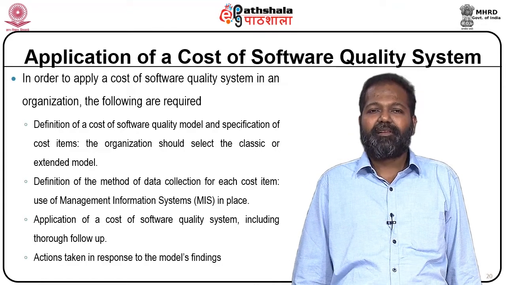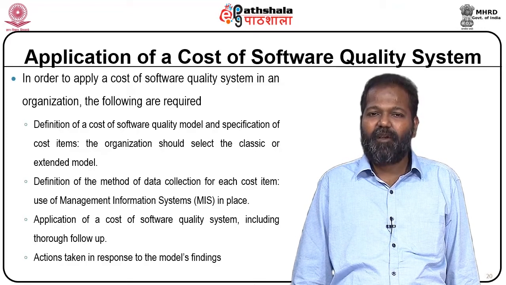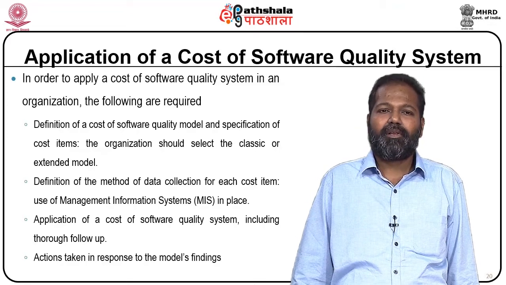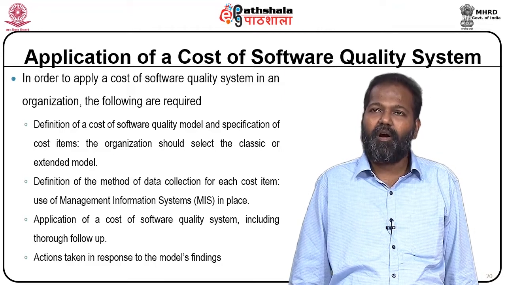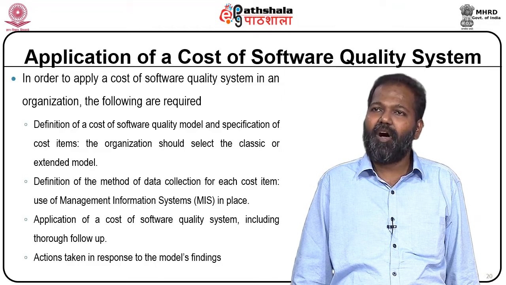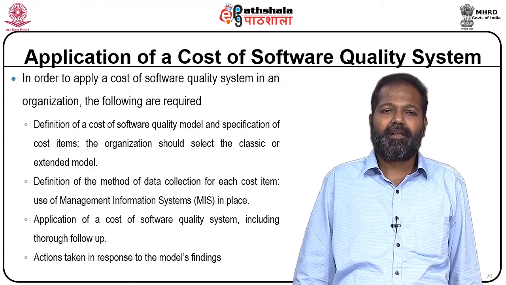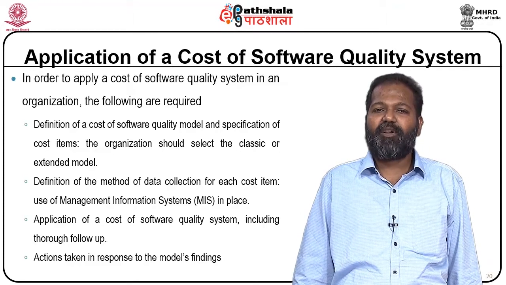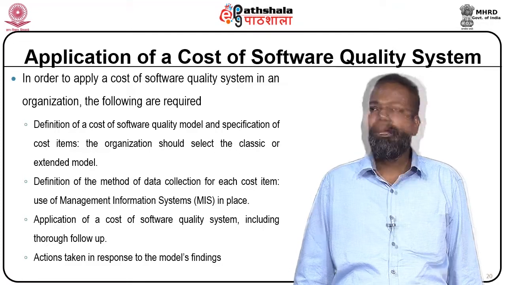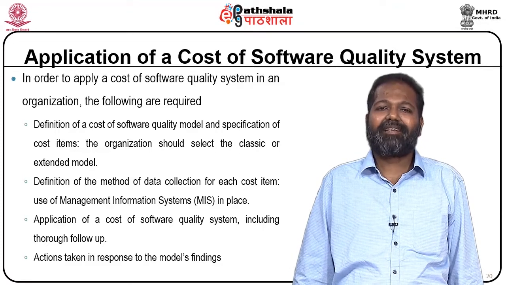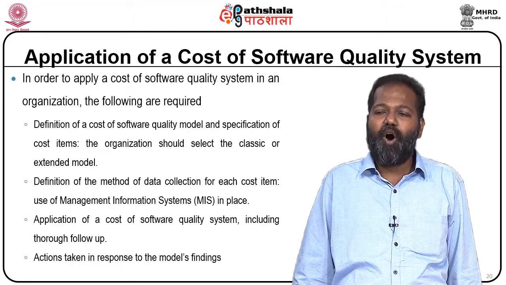Definition of the method of data collection for each cost item. Use of a management information system, or a decision support system, or an executive information system. Application of a cost of software quality system, including thorough follow-up and the actions taken in response to the model's findings.